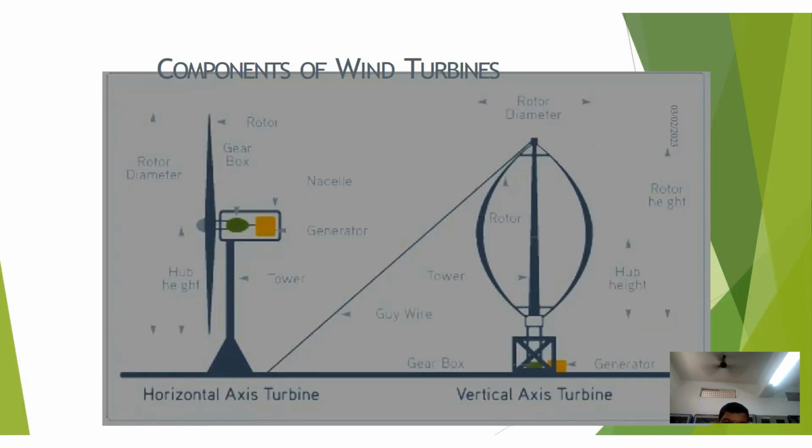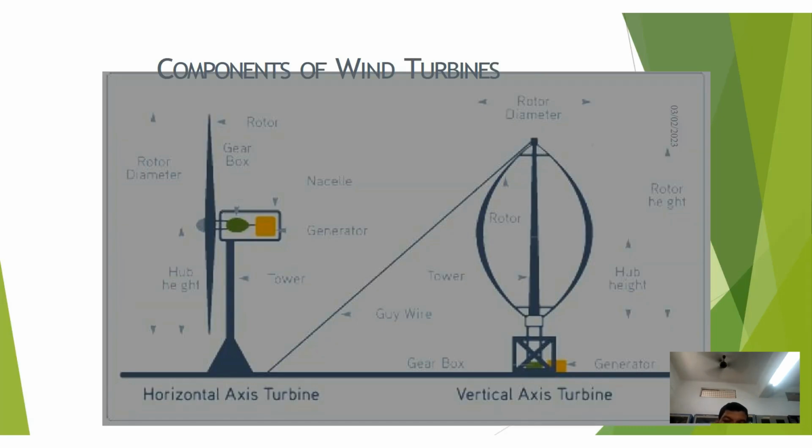Coming to the vertical axis, in vertical axis, the generator and gearbox are placed on the earth surface, whereas in horizontal axis, they are placed parallel to the earth surface. That is the basic difference between horizontal axis and vertical axis wind turbine.